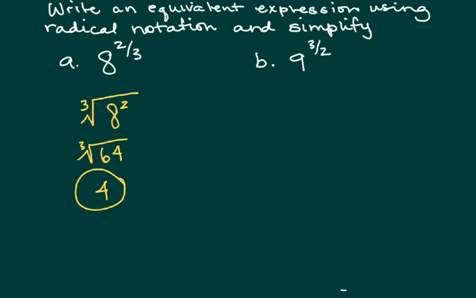Here we have 9 is our base that becomes our radicand. 3 is the exponent, and 2 is the index. We don't write it.